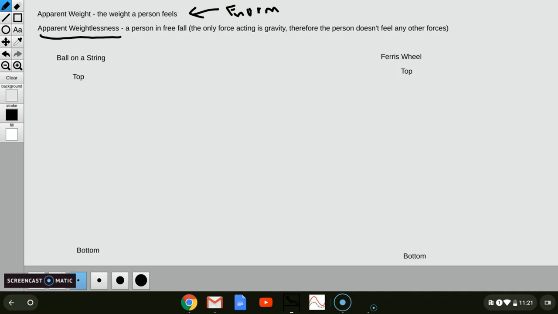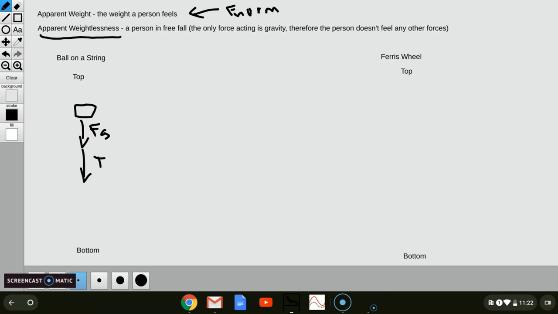So if you just watch the video where we went through all of the ball on a strings and Ferris wheels, remember every vertical circle can be broken down. It's either a ball on a string or it's a Ferris wheel. So we're just going to focus on those two. If we take a look at a ball on a string, at the top it's going to have a force of gravity down, and there's a tension pulling it down as well.